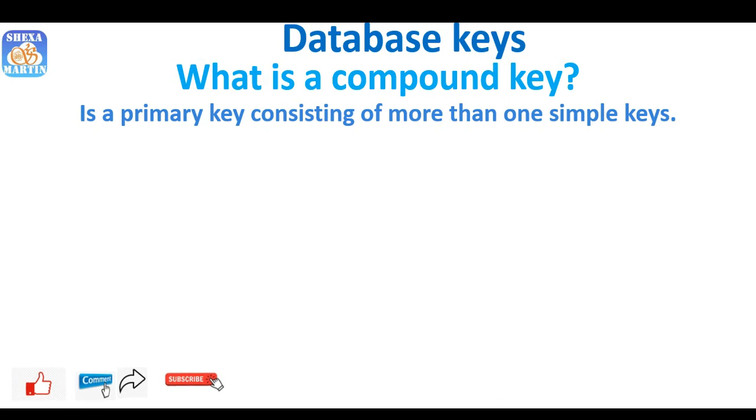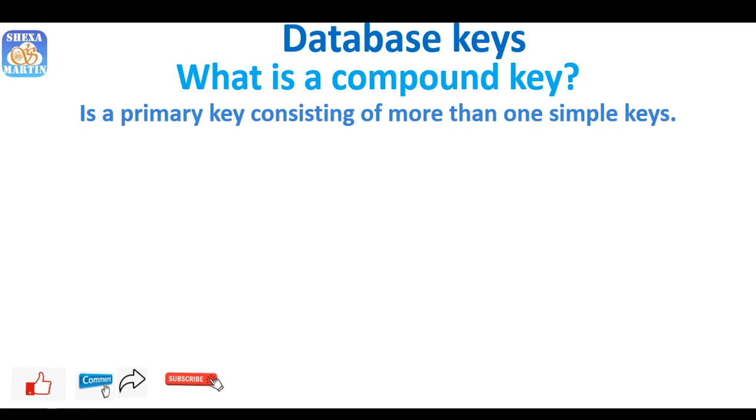I said a compound key consists of more than one field to uniquely identify a record. A compound key is distinguished from a composite key. We will talk about a composite key later. A compound key is different from a composite key in that each field which makes up the primary key is also a simple key on its own.